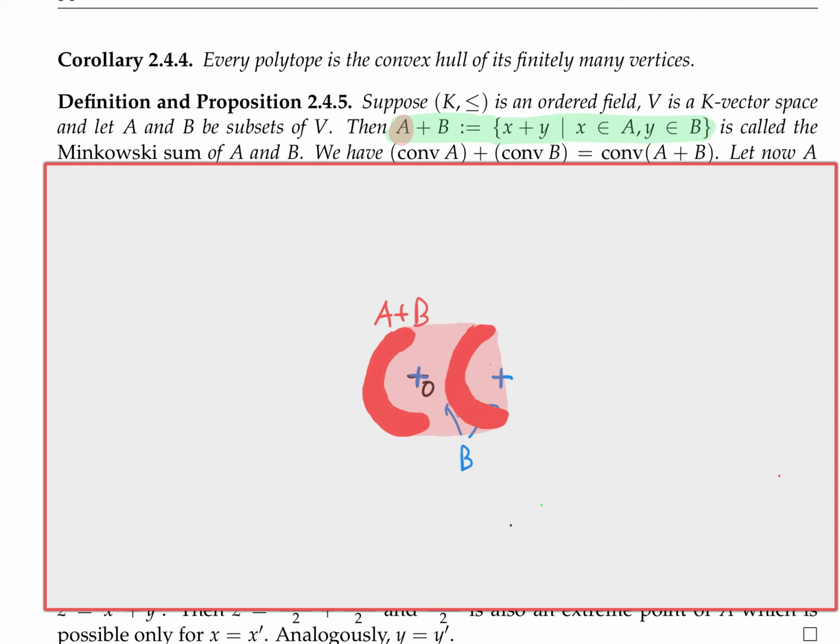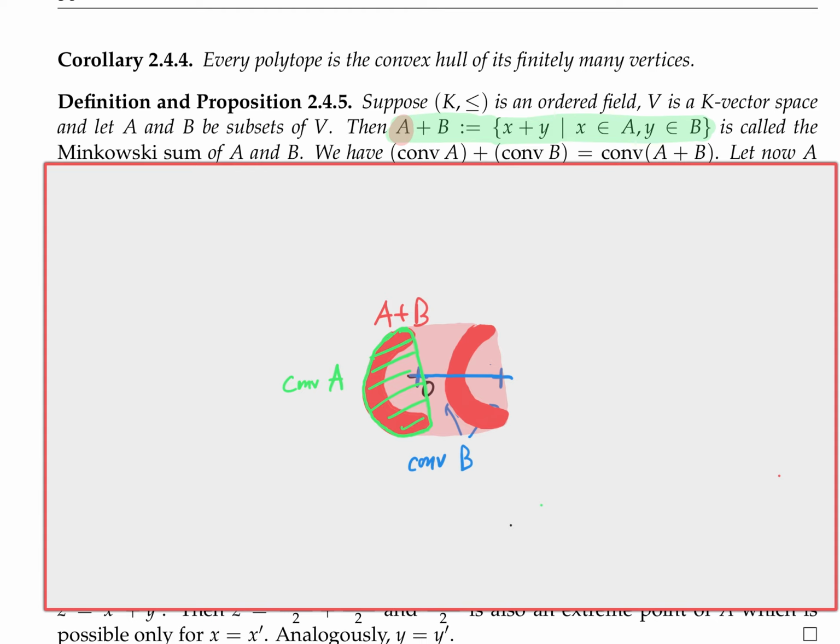So the convex hull of A plus B is the convex hull of A plus the convex hull of B. What's the convex hull of B? That would be this line segment here. And the convex hull of A would be this, right?